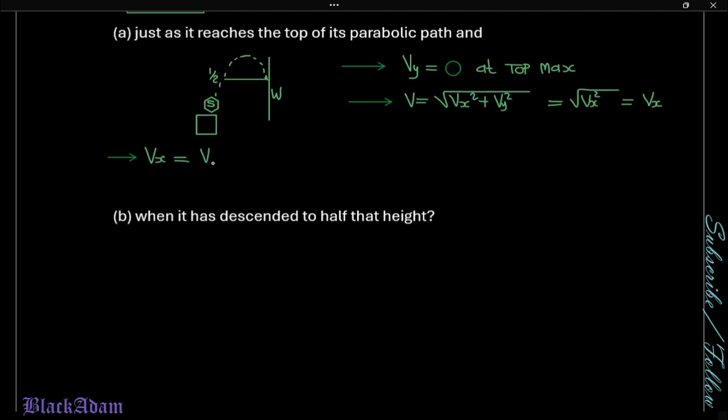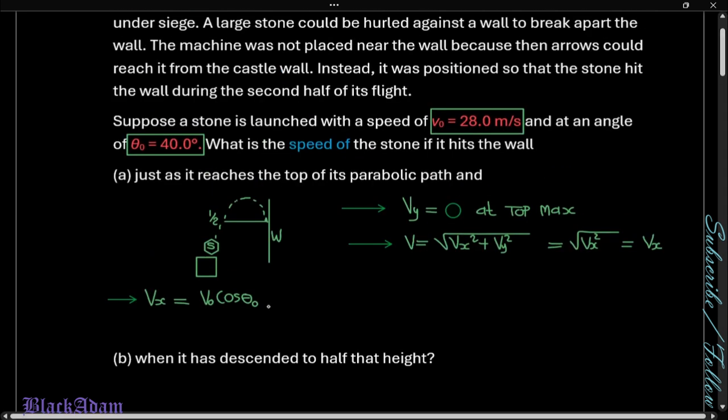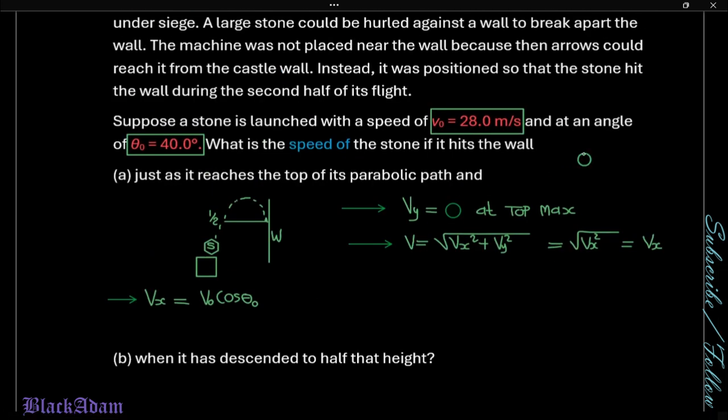The horizontal velocity is equal to the initial velocity multiplied by cos theta. Our initial angle is 40 degrees, and our initial speed is 28.0 meters per second.